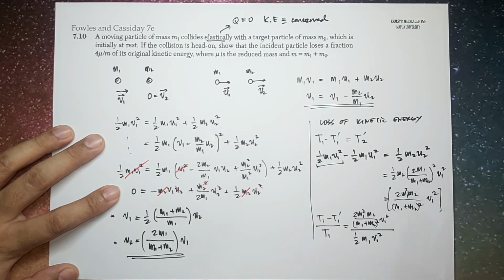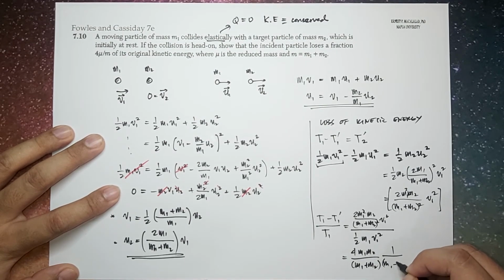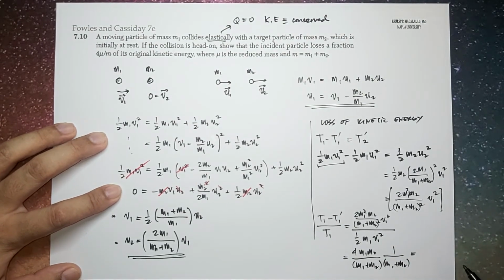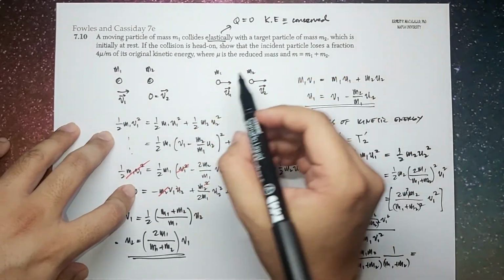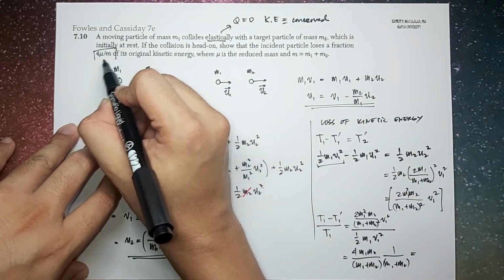Okay, canceling some stuff here, we end up with 4 m1 m2 over (m1 plus m2) squared, which is equal to our desired outcome.